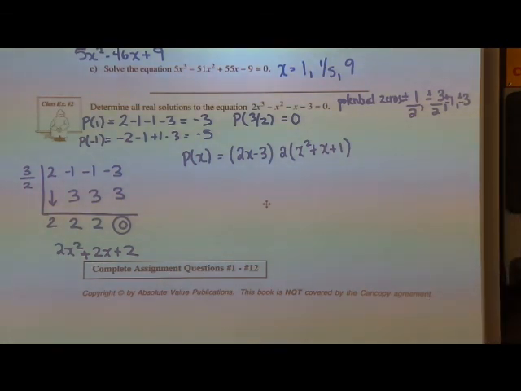Can you think of two numbers that multiply to 1 and add to 1? There's no way I can get them to add to 1 and multiply to 1. So if I can't do this by inspection, what am I left with?